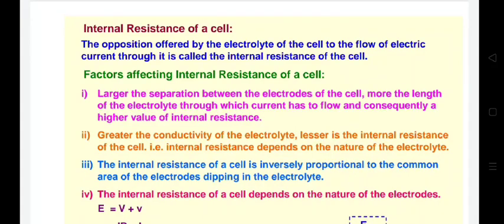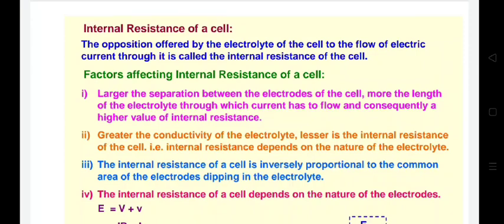That is the basic difference. When we are connecting a voltmeter across the ends of the cell, it reads out terminal voltage.